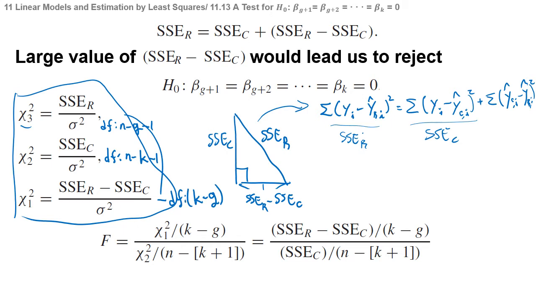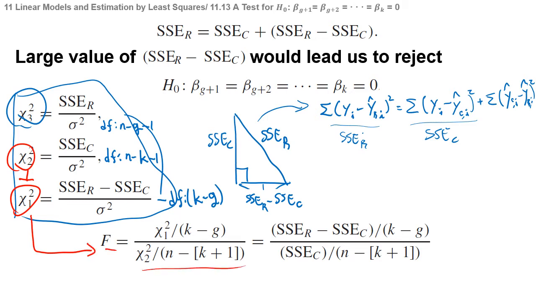We can also show that the chi-square distributions of R and C, these two, are independent, and from this knowledge we can derive the F statistic this way.